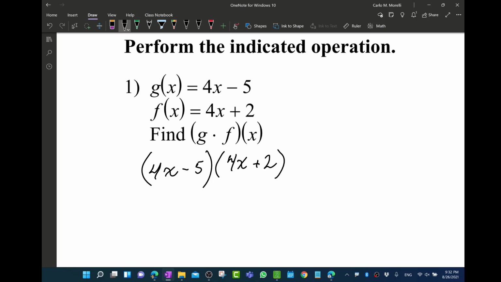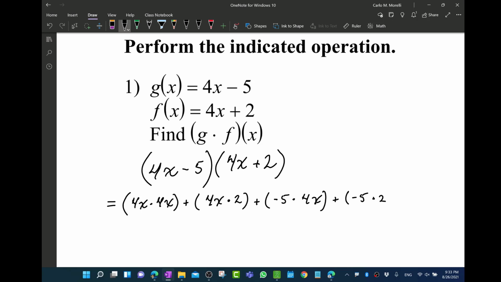So what this is going to equal is 4x times 4x plus 4x times 2 plus negative 5 times 4x plus negative 5 times 2.